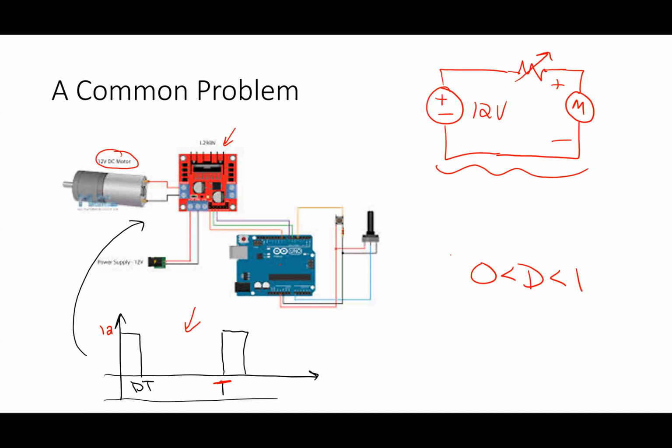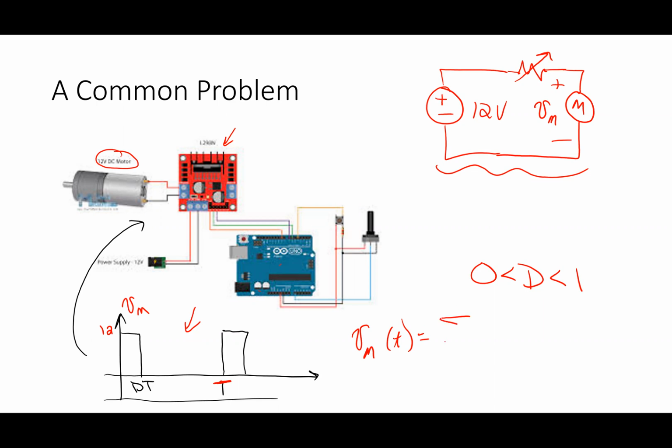Let's think about what that means. How can I represent, let's call this V motor? From a design perspective, V motor is periodic, which means I can express it as a sum of sine waves.